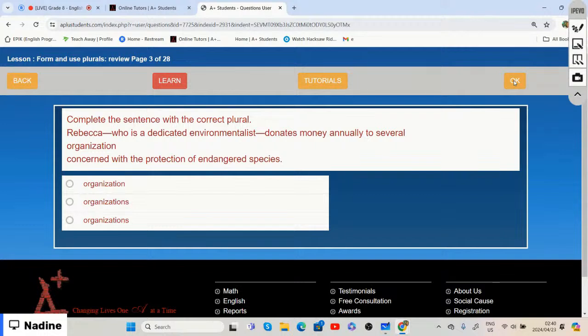All right. So Rebecca donates money annually to several organizations concerned with the protection of endangered species.